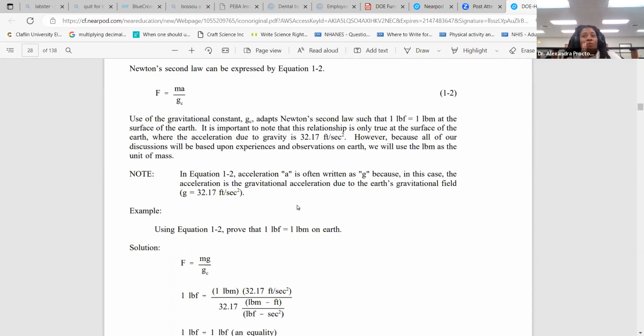But when we're talking about weight, we have to think about the acceleration due to gravity, which is a constant. So please understand that whenever they're talking about weight, the value for g is 32.17 feet per second squared. So this is a constant. That's only for weight.